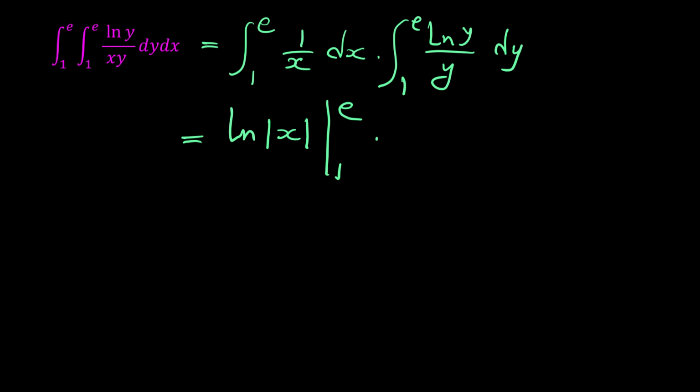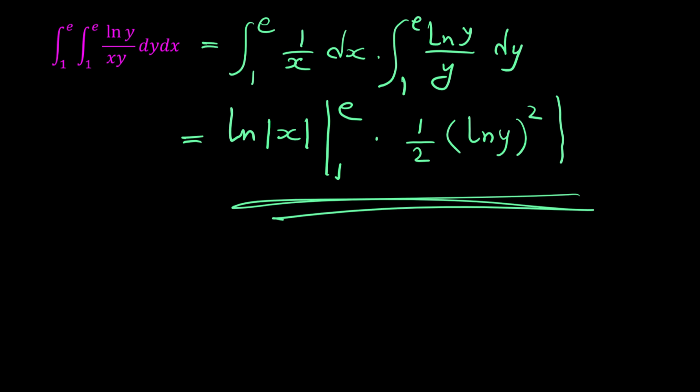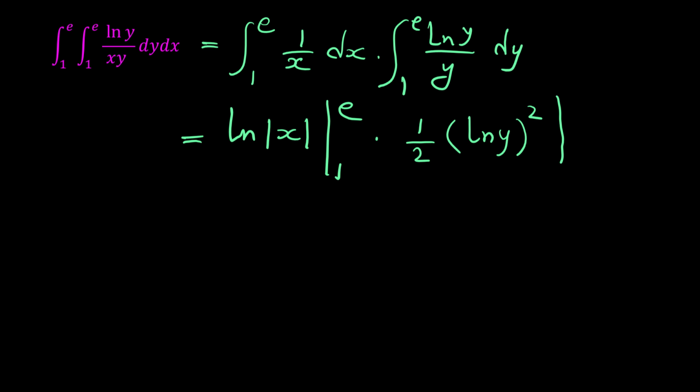This integral, with a simple u substitution, you can see that this integral equals 1/2 ln of y to the 2. Let me finish my calculation here, then I will show you how you can find this integral by u substitution. For now, suppose this is the answer of that integral. So integral of ln of y over y dy is 1/2 ln of y to the 2 from 1 to e.